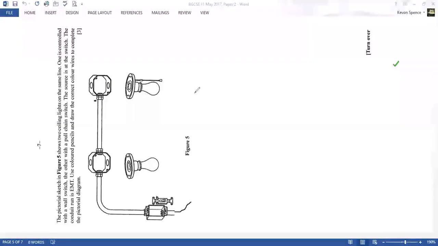Okay, so you'll put black. What do you use the black for? Black is hot, right? Yeah, hot. Right. So let's write it out now. Black is hot.